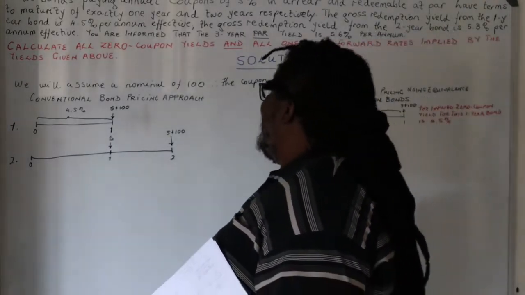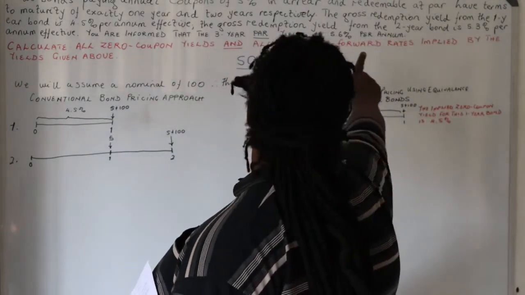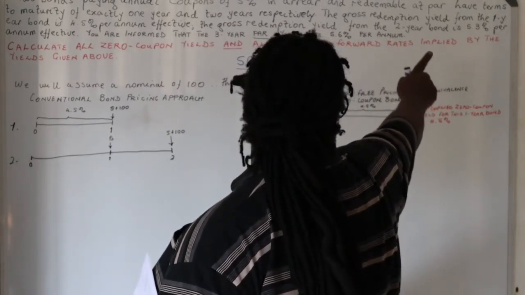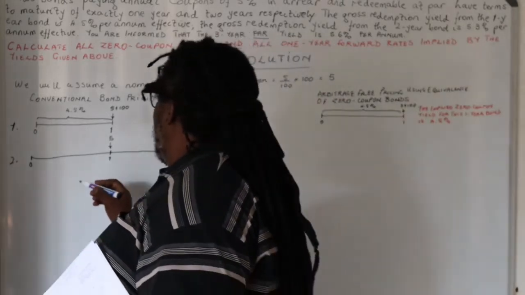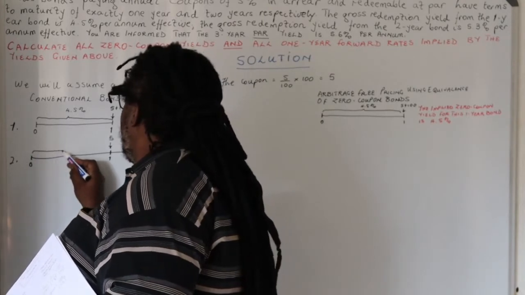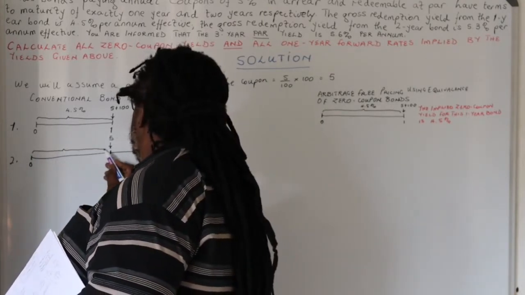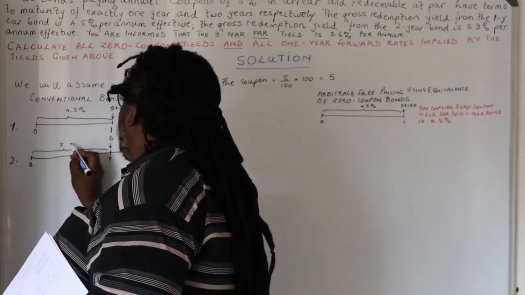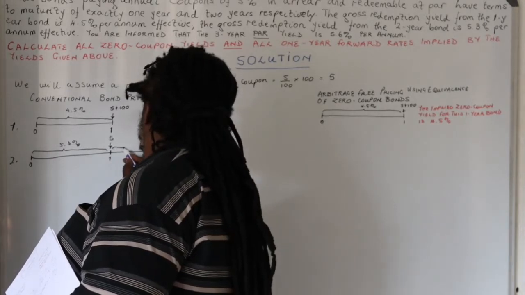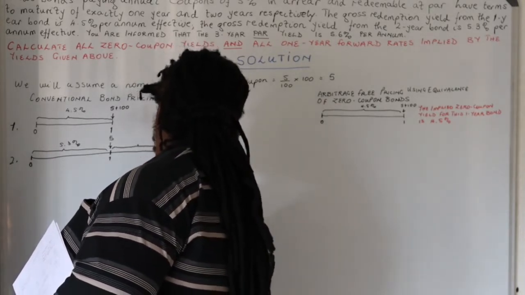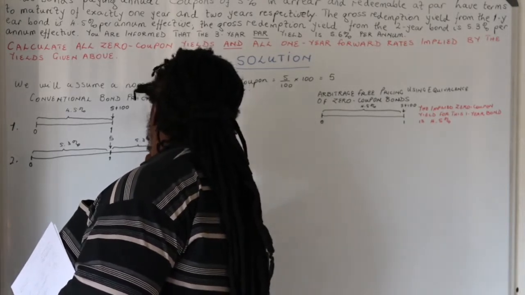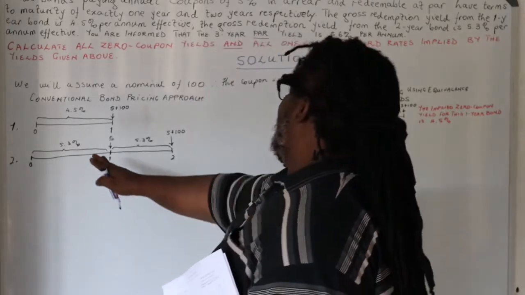And here we are taking a flat yield rate of 5.3% per annum. So that means in the first period we have got 5.3%, and in the second period we have got 5.3% effective for each period.